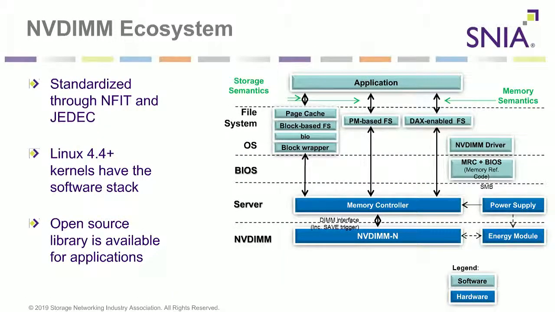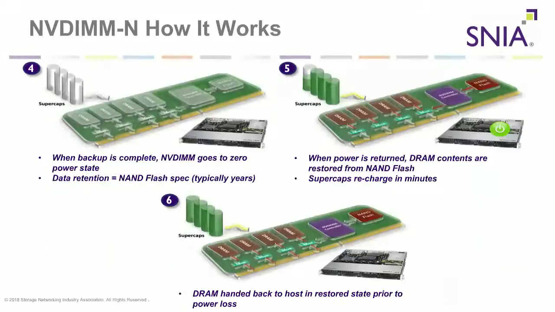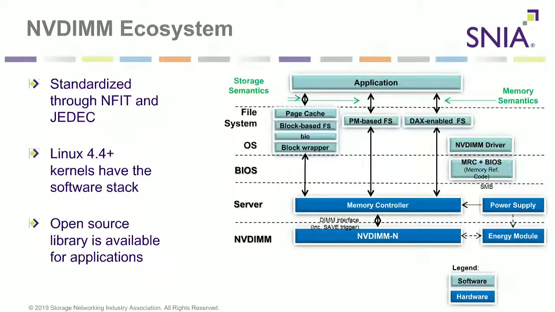Move on to the next slide. So here, like I mentioned before, there is a way to access NVDIMM from the OS today that's natively supported on several of the operating systems. I'm going to go deeper into that, but here you can see there are several modes of access to the NVDIMM.